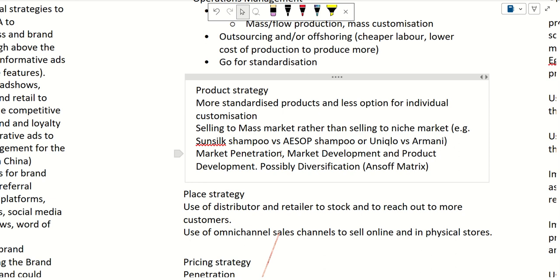Market development is about selling to new customer segments, right? So new customer segments means increasing sales volume, okay? Using existing product, increasing new customers. Product development is different. You have existing customers, but you are creating a new product to sell to them.